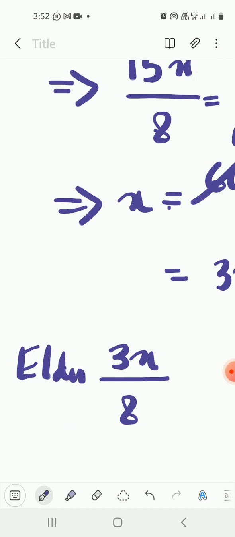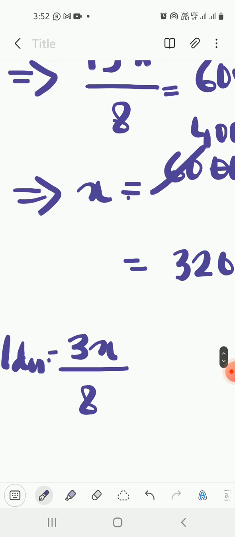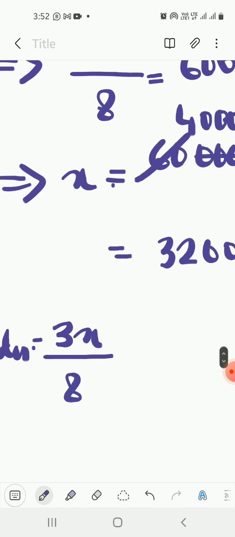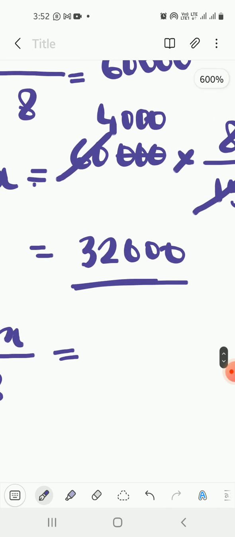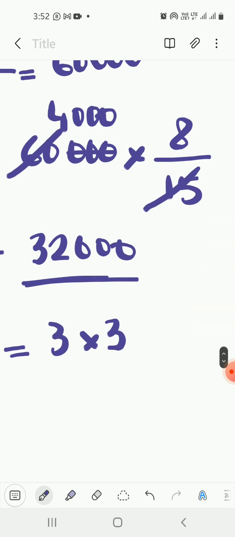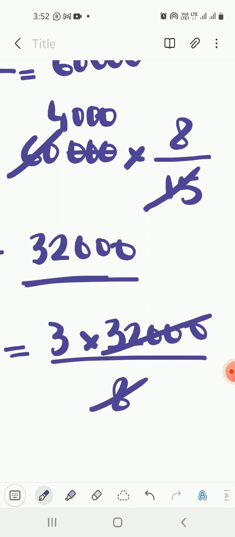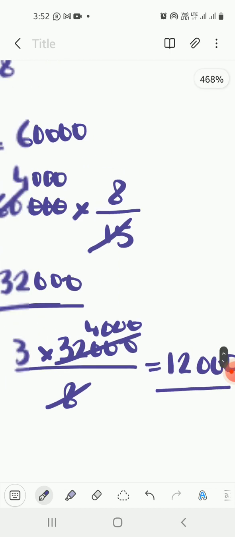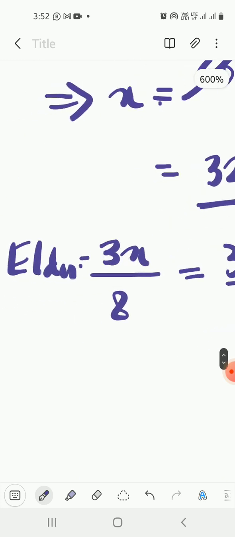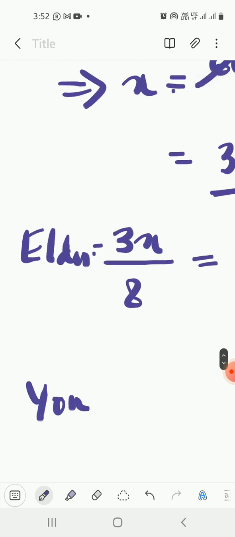Substitute the value of x with 32,000, so we get 3 into 32,000 divided by 8, 4,000 into 3, 12,000. So the elder son's contribution is 12,000.